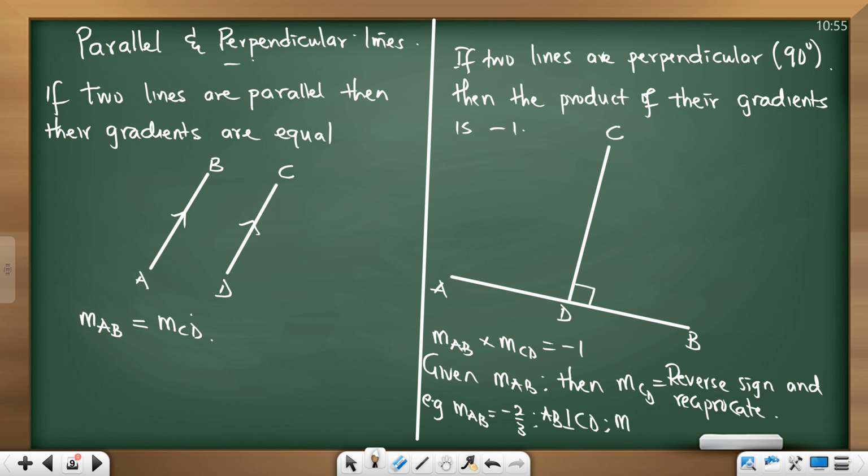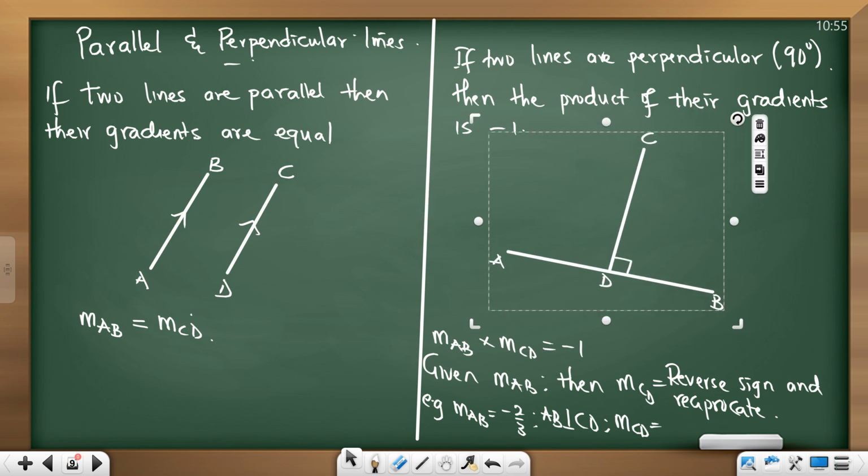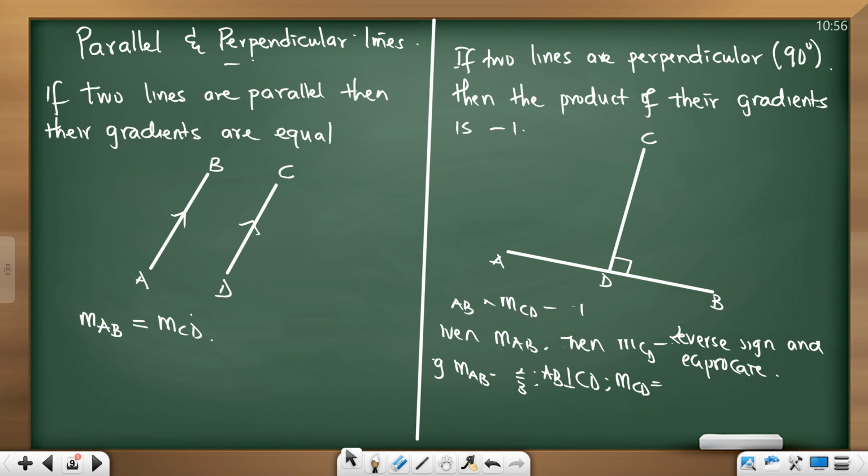Then the gradient of CD will be equal to what? Reciprocate the number, and change the sign if the lines are perpendicular.